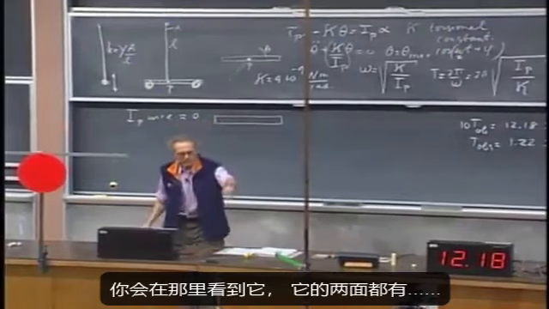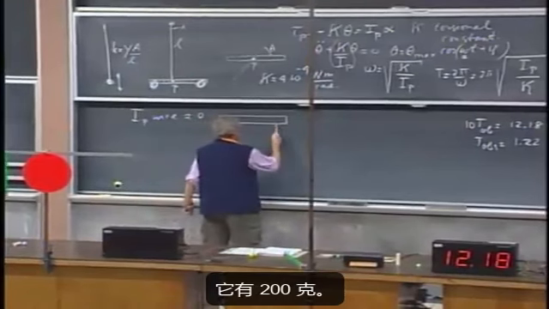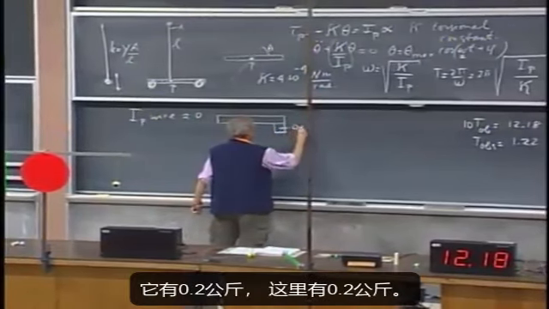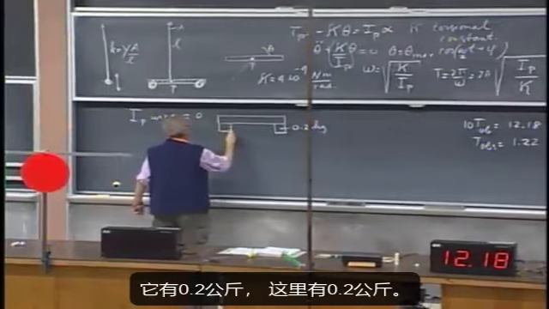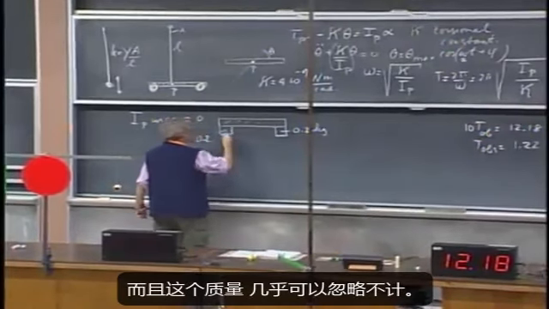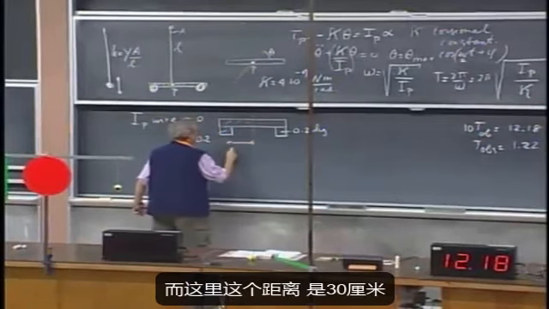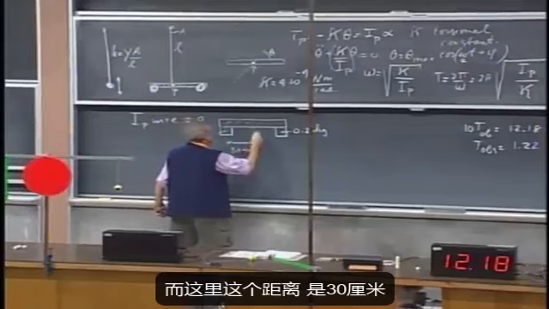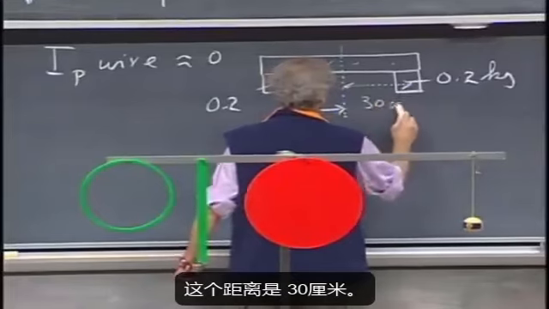You'll see it there. It has on both sides 200 grams, it is 0.2 kilograms, and it has here 0.2 kilograms. And this mass is almost negligible. And this distance here is 30 centimeters, and this distance is 30 centimeters.